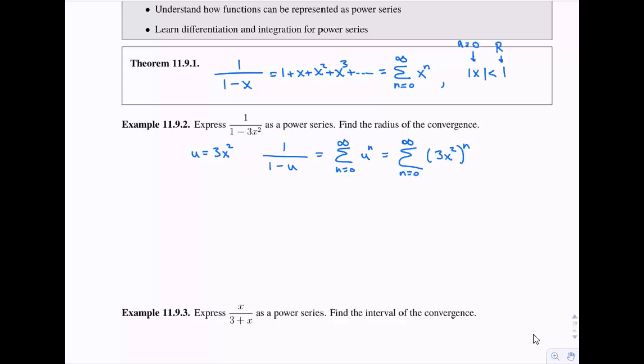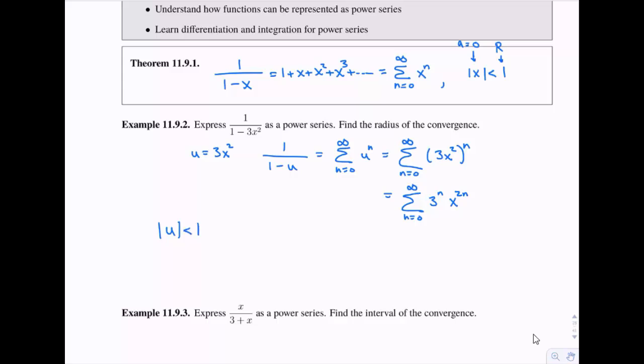So you can see this is how we can represent 1 over 1 minus 3x squared as a power series. If we'd like to, we can use properties of exponents to get the coefficients isolated and the variables isolated. So this is going to be 3 to the n times x to the 2n.